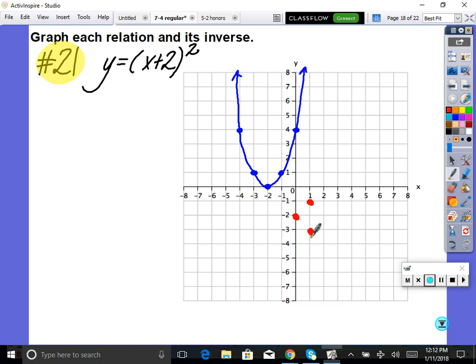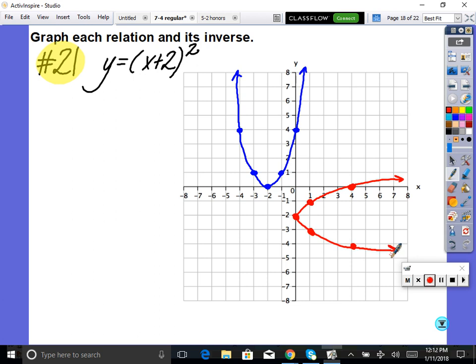I'm just switching my xy points. And then over negative 4 up 4. So then over 4 down 4. Then over 0 up 4. So over 4 up 0. And now I can graph the inverse. That would be one way of doing it.